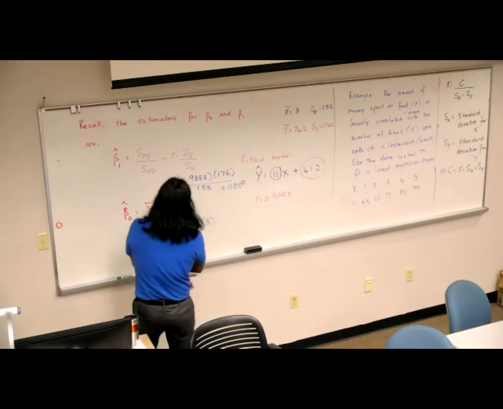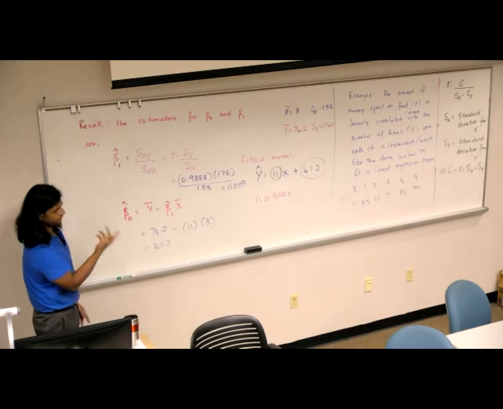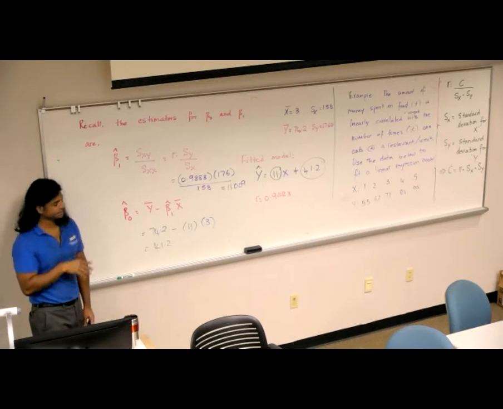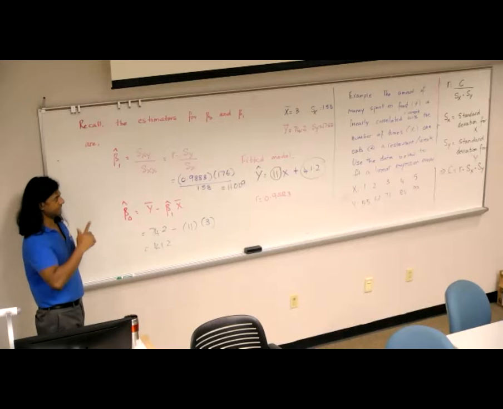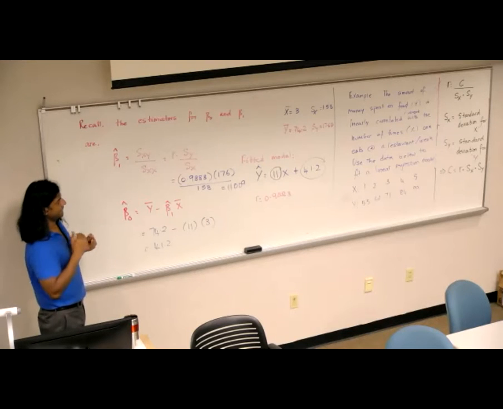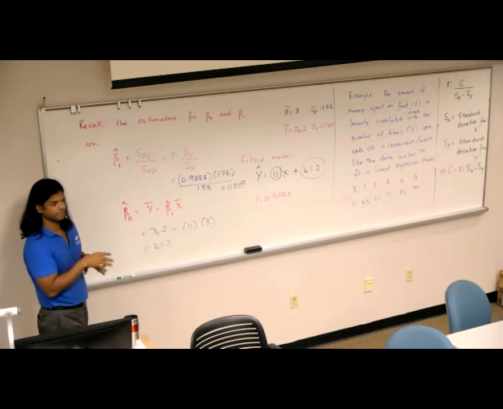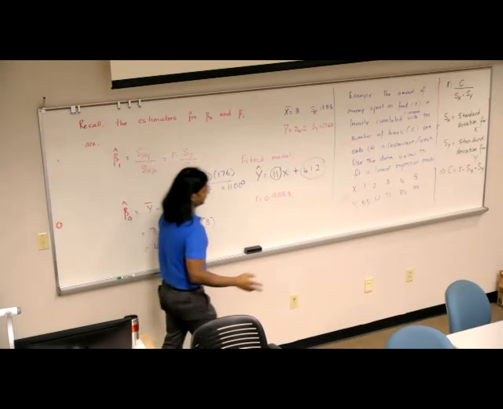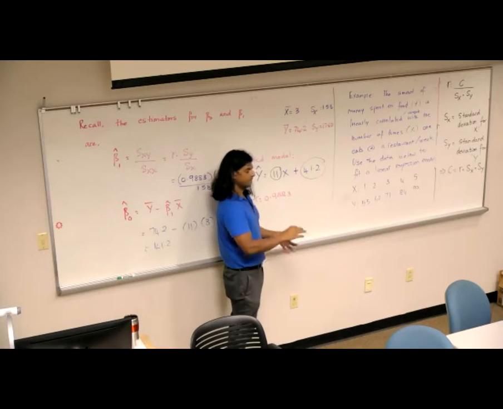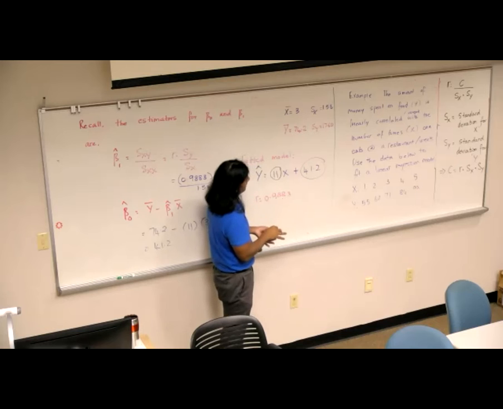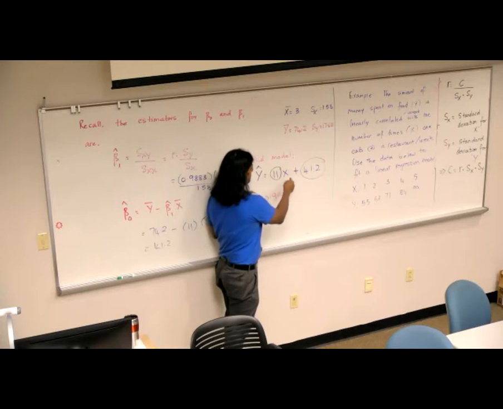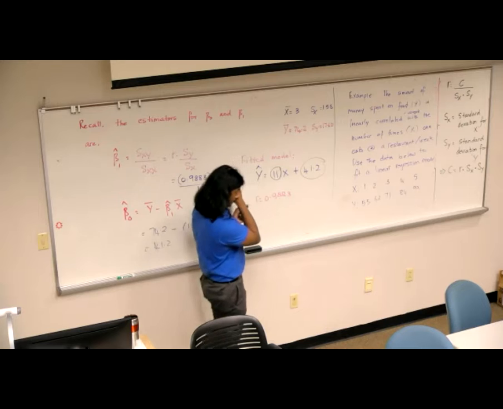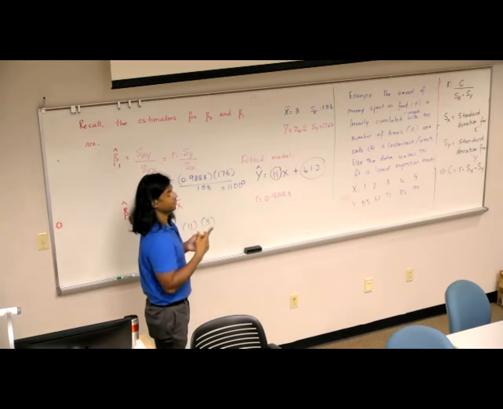So we have the fitted model that will give us the fitted values. We started with a theoretical model. We have the data, we visualize the data, and now we have the fitted model. This model will explain the relationship between the amount of money that you spend on food per week and the number of times that you eat at a restaurant per week.